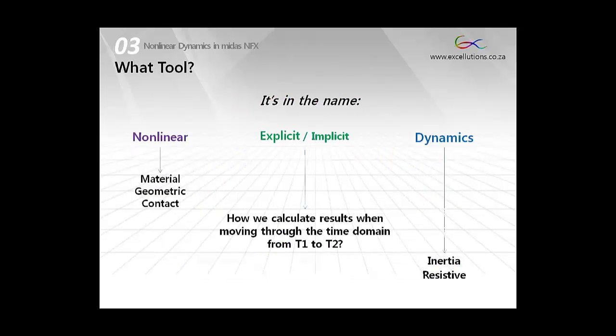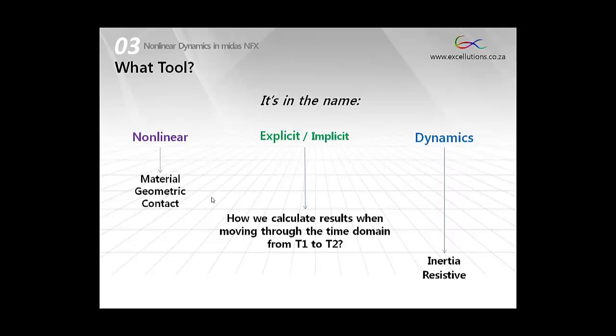So what tool will we use? You've guessed correctly. It's the nonlinear, explicit or implicit dynamic analysis. Let's just look at the breakdown of the name. The nonlinear really refers to the types of nonlinearity that we can have in our problem. We have material nonlinearity, geometric nonlinearity, as well as nonlinear contact.